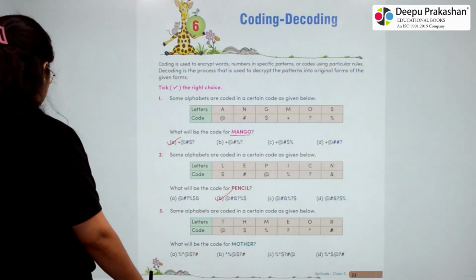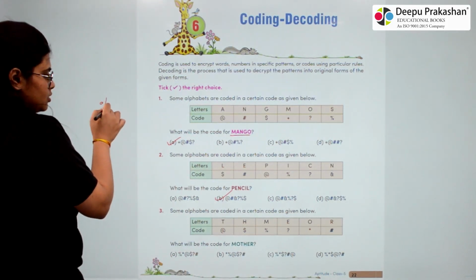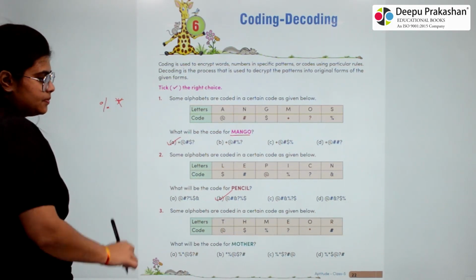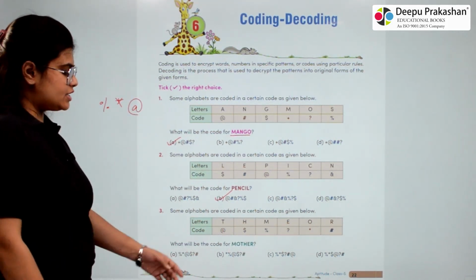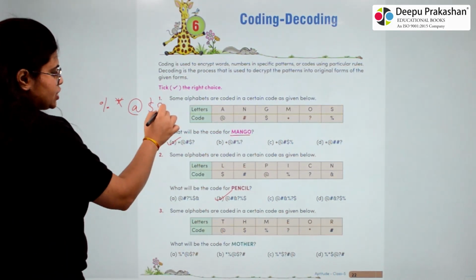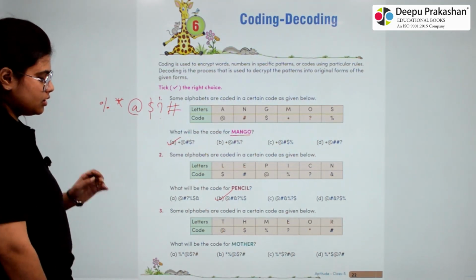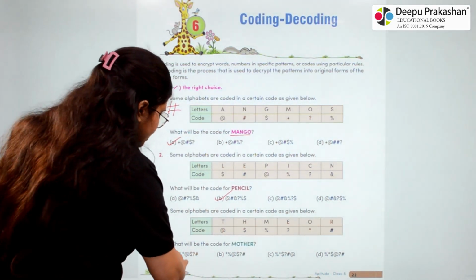So for mother, M stands for %, O stands for star, T stands for @, H stands for $, E stands for question mark, and R stands for hashtag. And the same one is present at A.